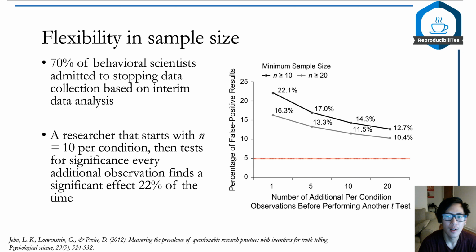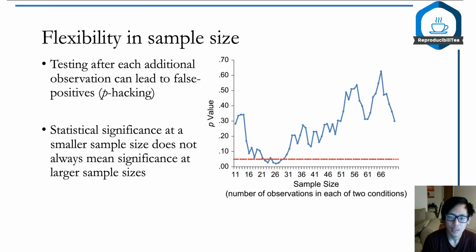And a common misconception among researchers is that if we find a significant effect at a lower sample size, it is necessarily going to be significant at a larger sample size. And this is not true. So testing after each additional observation can lead to false positives, and this is sometimes referred to as p-hacking.